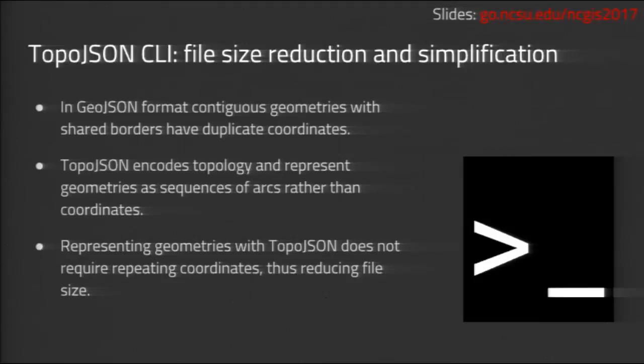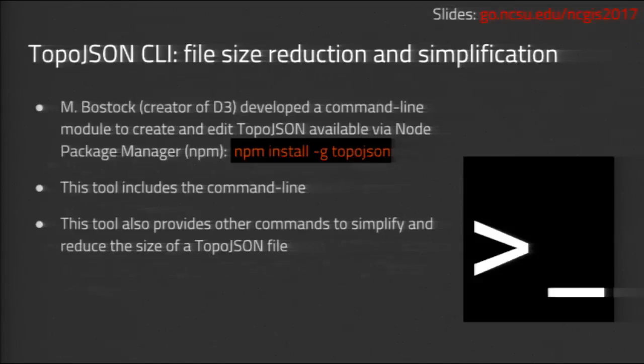And again, why this is important, my end goal is to serve this via the web. So the smaller the file size, the less someone has to sit and wait for something to load. And I think that's pretty important these days when you're developing any type of web application. And so Topojson, it was developed by Mike Bostock.